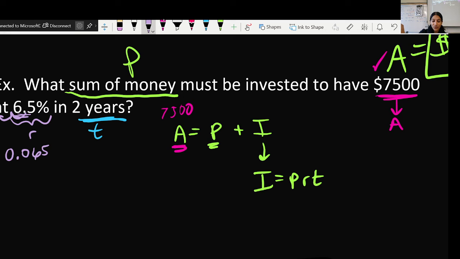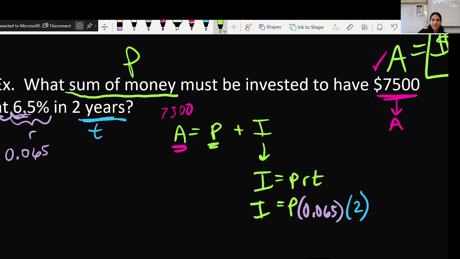And I, we don't know right now, but I can start to fill things into the formula for I. Do you see that I is just equal to this PRT? So I'm going to start filling this in here. P is what we're looking for. R is that 0.065. And our t value is 2 years. So that would be 2.